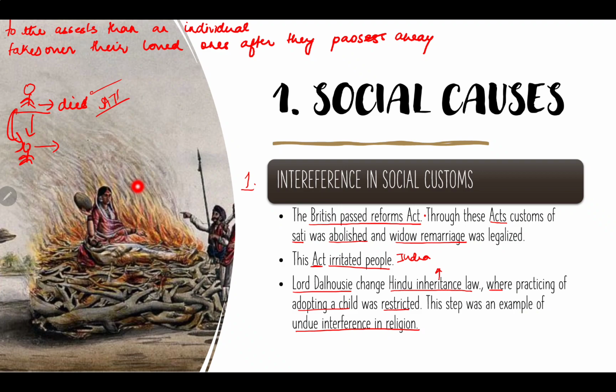This step was an undue interference in religion. People thought that the Britishers were taking advantage and criticizing them in their personal matters. So these factors also triggered a sense of irritation among the people of India.